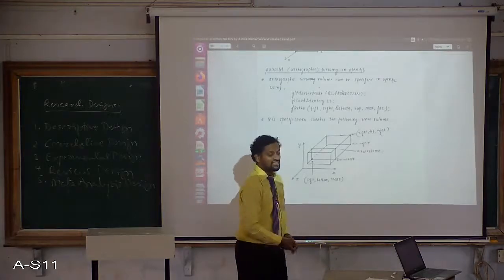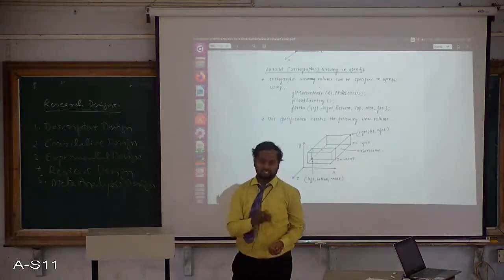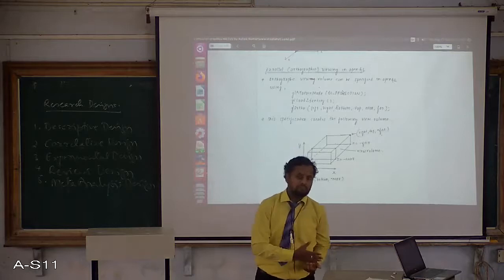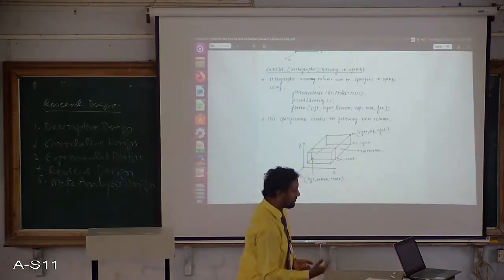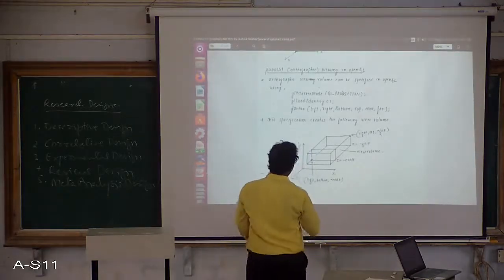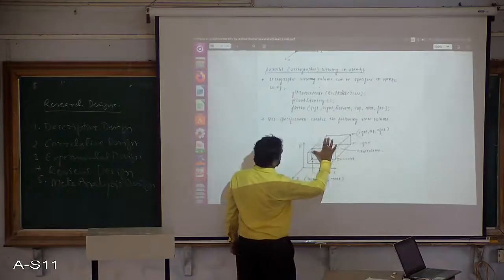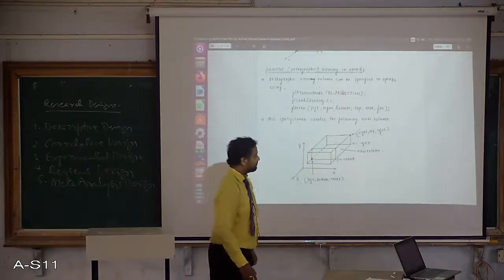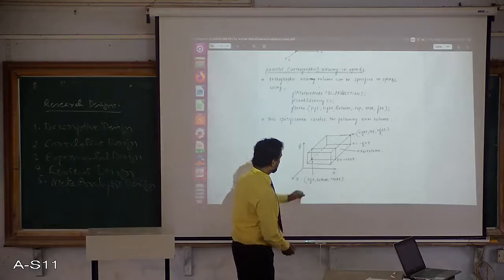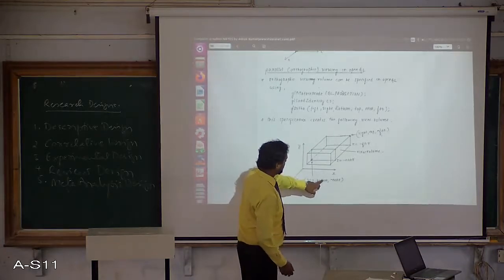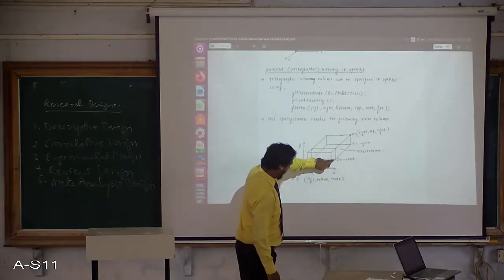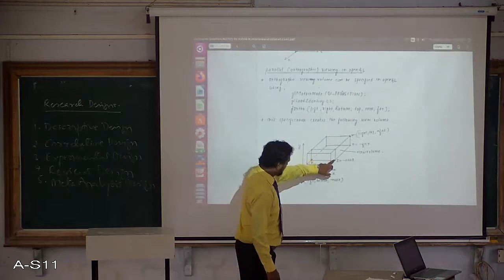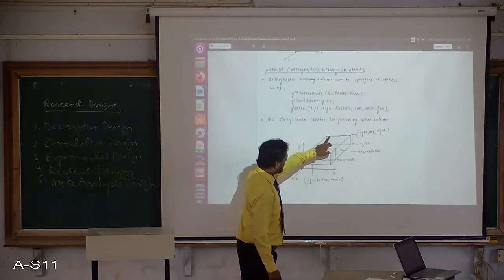Whereas in the frustum, the half part of the pyramid is called the view volume. Here, whatever you can find within this structure is the view volume. Now see here, this is left, bottom, near. This is right, bottom, near.